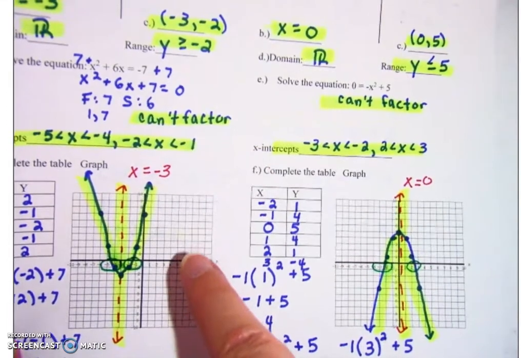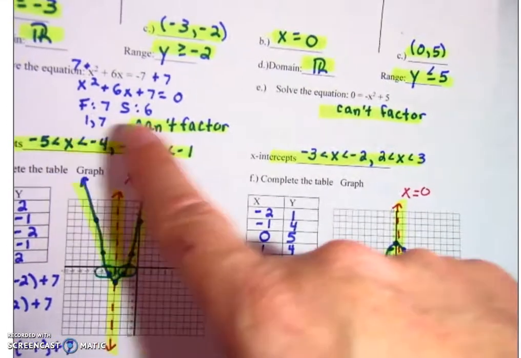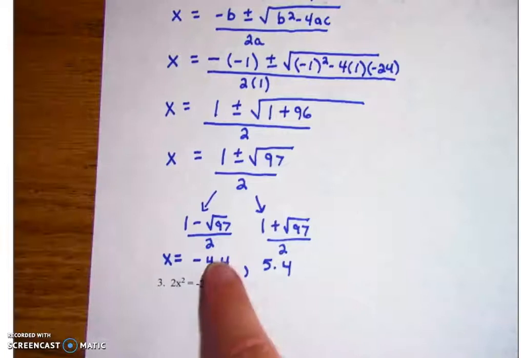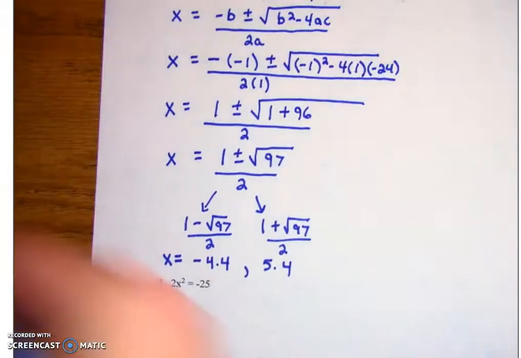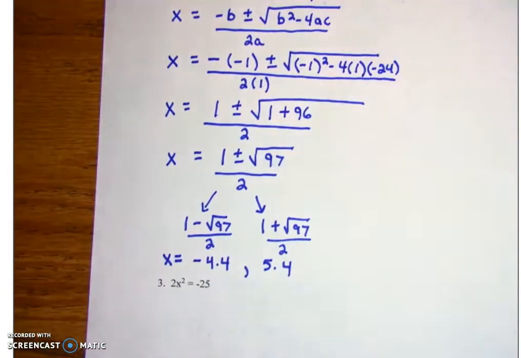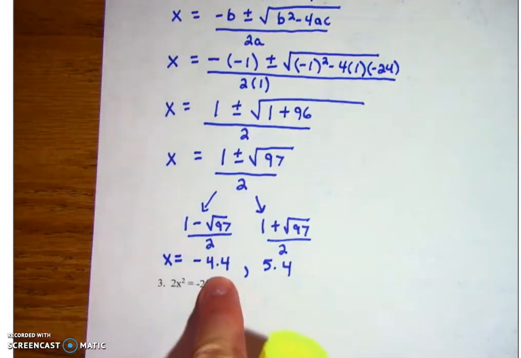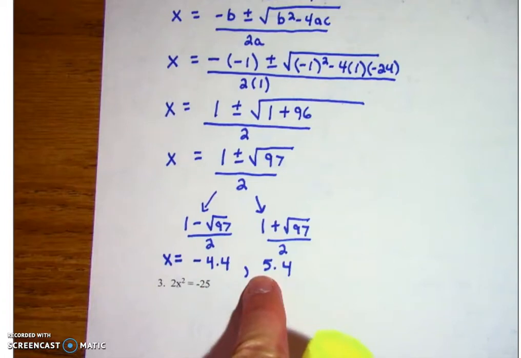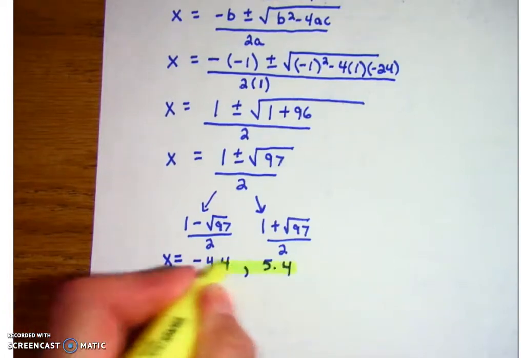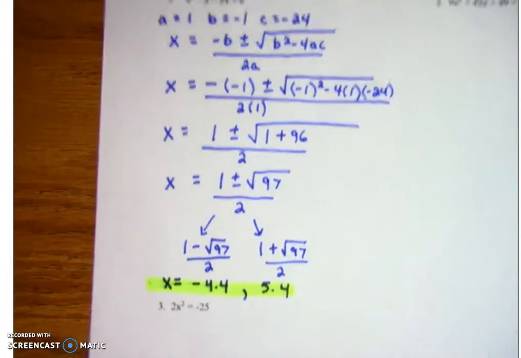We use that. Well, now you can actually use the quadratic formula in order to find those exact roots. All right? So, this is your answers. Your x-intercepts would be negative 4.4, comma 0 and 5.4, comma 0. But because we're not graphing, you can just leave them like that.